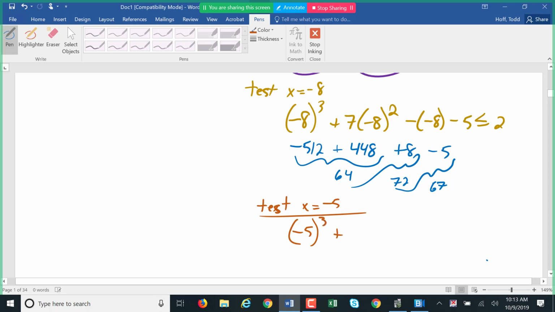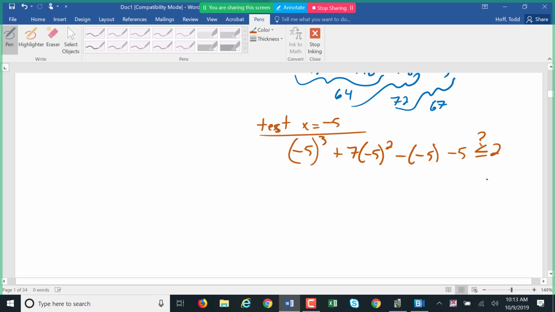So -5 to the third plus 7 times -5 squared minus a -5 minus 5. Is that less than or equal to 2? -5 to the third is a -125. -5 squared is 25 times 7 is a +175. Minus a -5 is a +5, and then minus 5. That adds up to 50. That is also not less than 2.